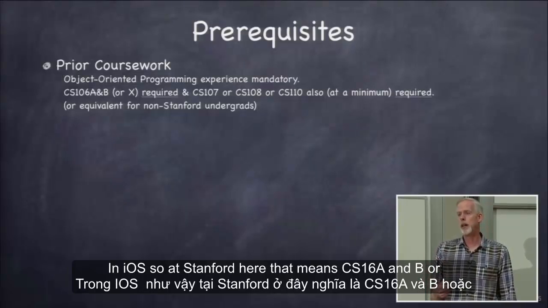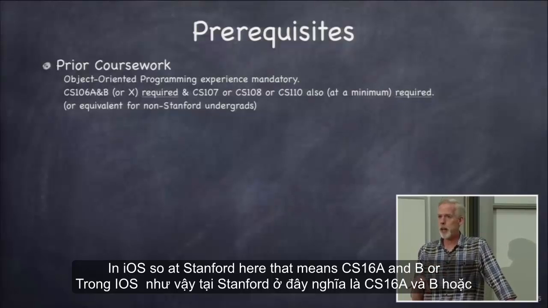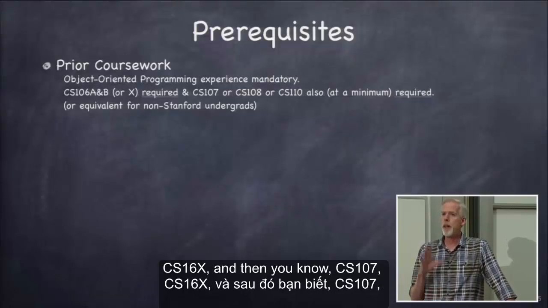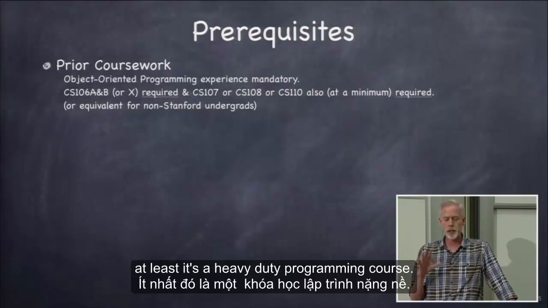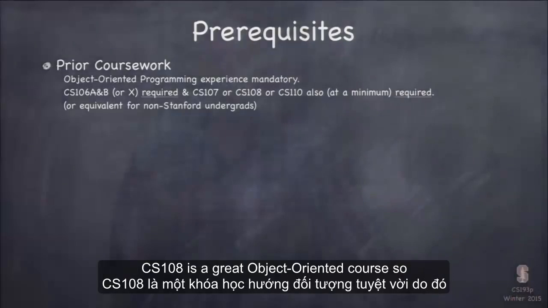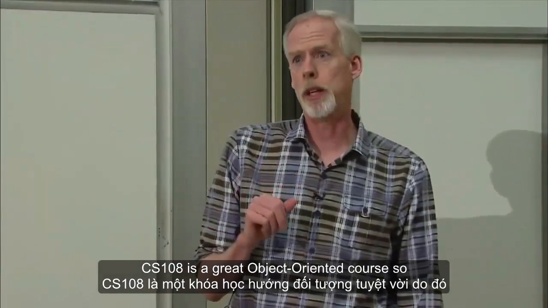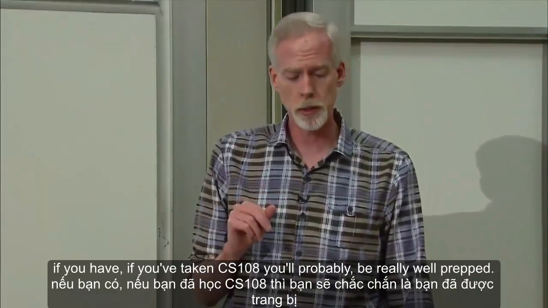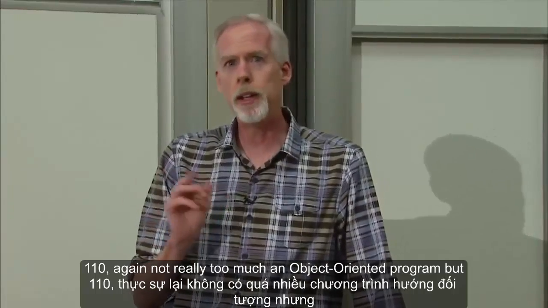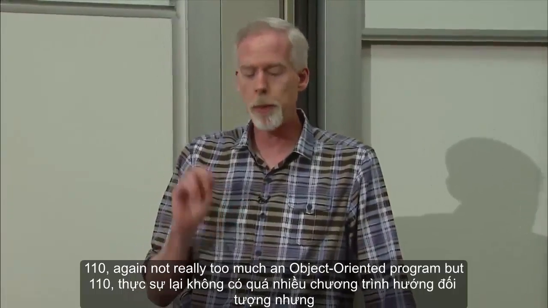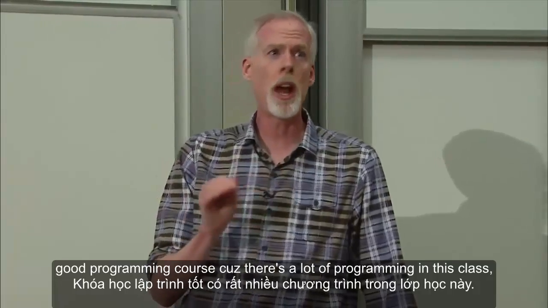So at Stanford here, that means CS 106A and B or CS 106X, and then CS 107, while it's not really an object-oriented course, at least it's a heavy-duty programming course. CS 108 is a great object-oriented course. So if you've taken CS 108, you'll probably be really well prepped. 110, again, not really too much an object-oriented program, but a good programming course because there's a lot of programming in this class.